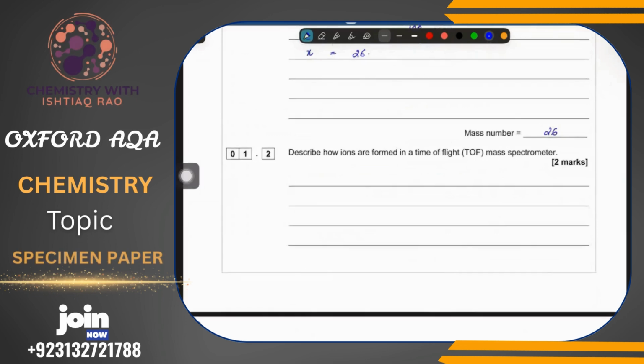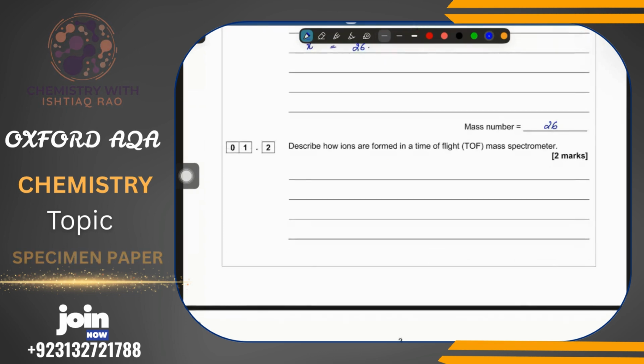Describe how ions are formed in a time of flight mass spectrometer. If you remember, we have attached the filament which was releasing high energetic electrons, and the electrons were bombarding a sample. The sample can be anything: chlorine, bromine, methane, anything else.